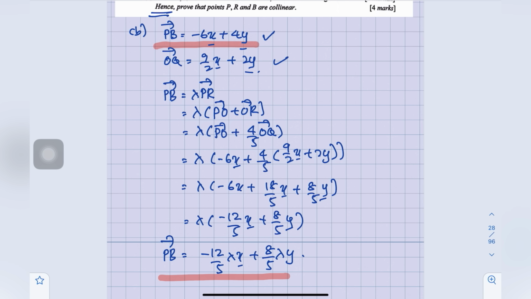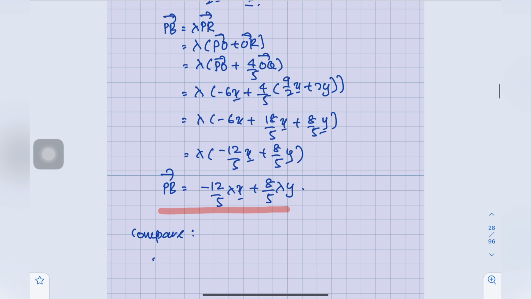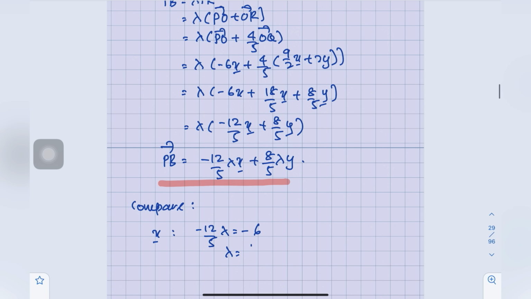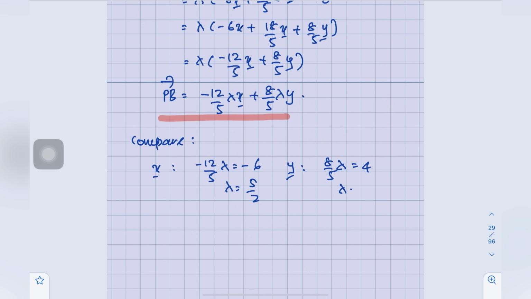So we have PB, and this is PB as well. So we can compare the coefficient of x and the coefficient of y. For x, we got negative 12 over 5 lambda equals negative 6, so lambda equals 5 over 2. For vector y, we have 8 over 5 lambda equals 4, so lambda equals 5 over 2 as well.